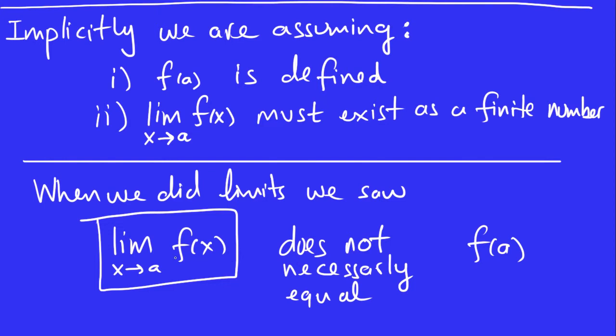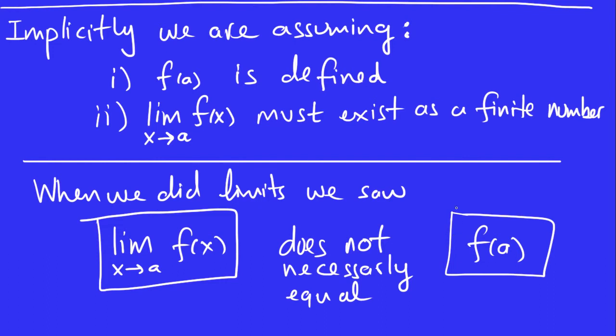In other words, they think that to do this limit, all they have to do is figure out what f of a is. In other words, they think these are equal. But that doesn't have to be true all the time, right? Sometimes they are equal and sometimes they're not. When they are equal, that's quite special, actually. So if you can do a limit by just putting the number inside the function and getting the answer f of a, that's a special circumstance.